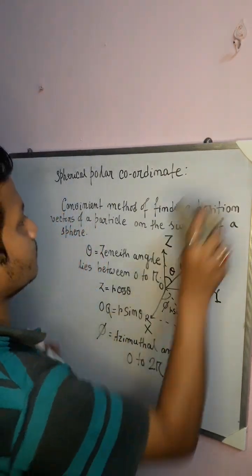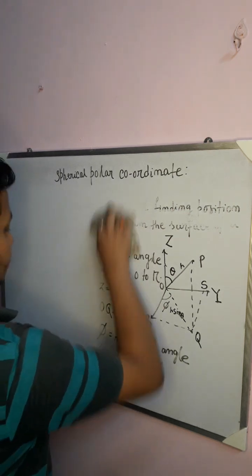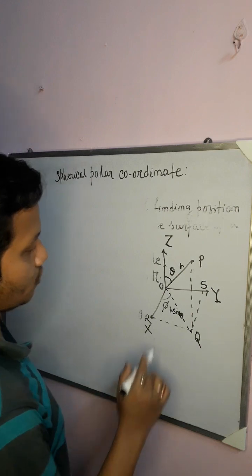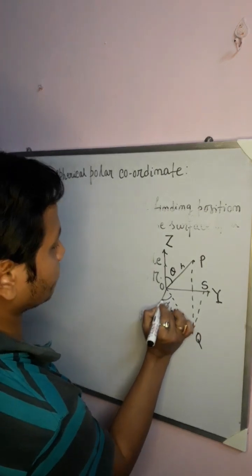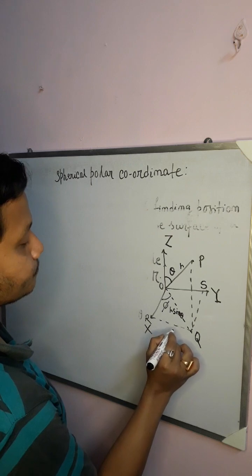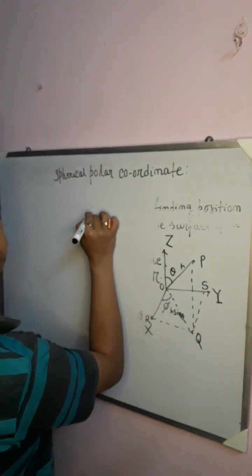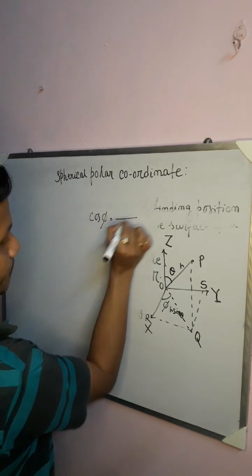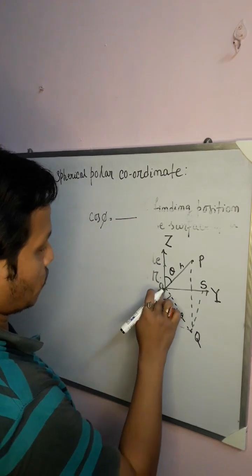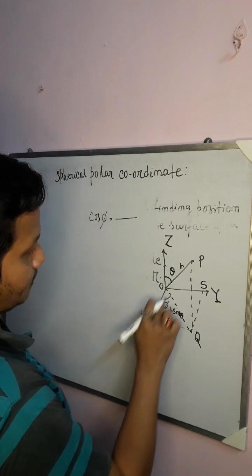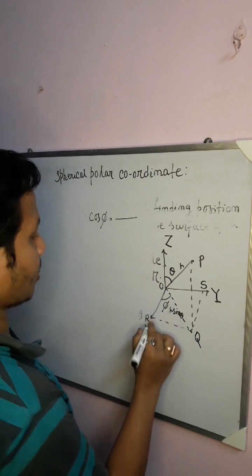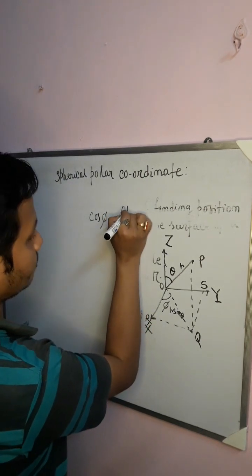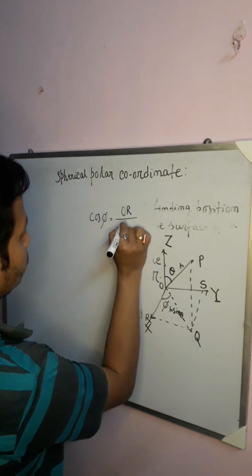Now what can we write? This is angle phi, so cos phi is OR by OQ.